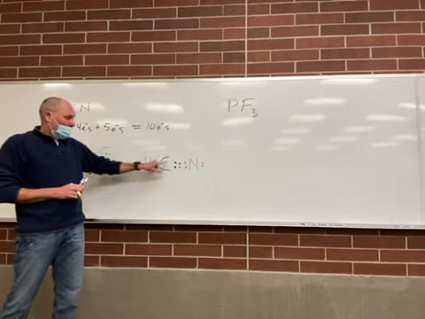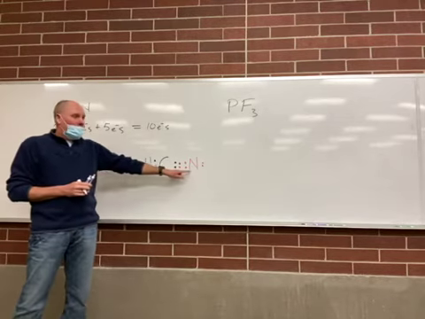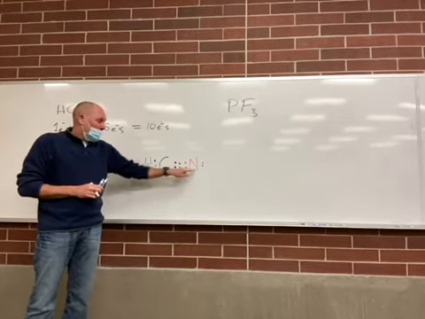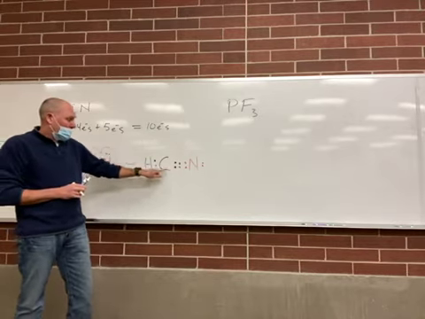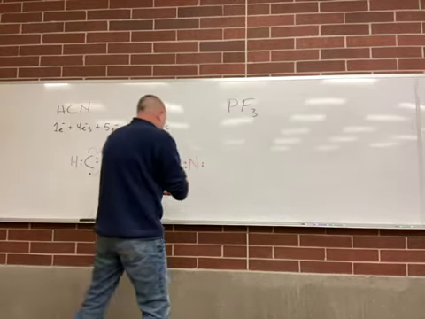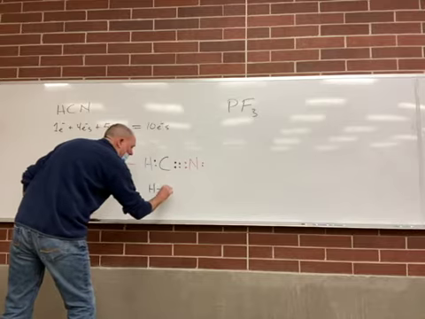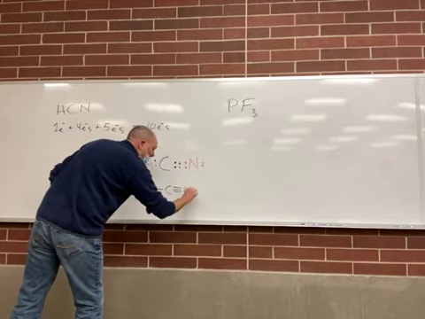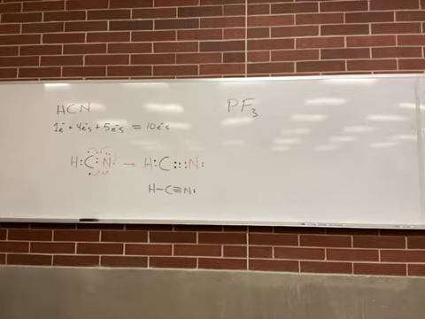So I have 1, 2, 3, 4, 5, 6, 7, 8, 9, 10. Nitrogen should have 8 around it if it's happy. 2, 4, 6, 8. Carbon should have 8. 2, 4, 6, 8. It's a happy molecule. So that tells me then that hydrogen cyanide, if I'm going to draw just lines, has a triple bond there. Okay? So that's hydrogen cyanide.